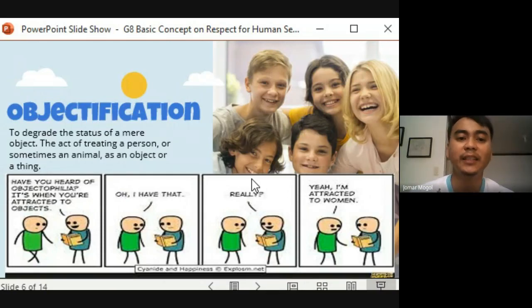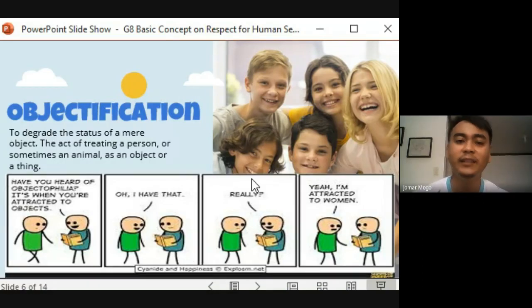It is degrading the status of a person to a mere object, or the act of treating a person or sometimes an animal as an object or a thing. Kumbaga, it is more on their own selfish desire or pleasure. Mapasaya lang yung sarili niya, wala siyang pakialam sa tao or sa anumang bagay basta nagpapasaya sa kanya yung isang bagay na yon.